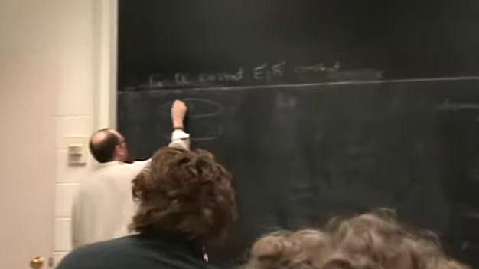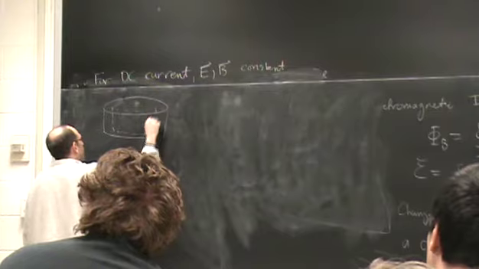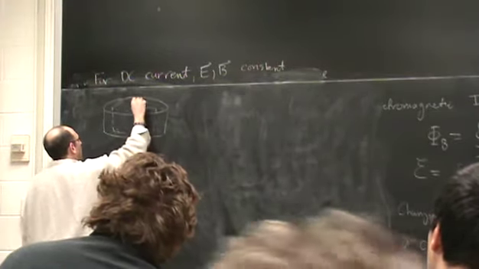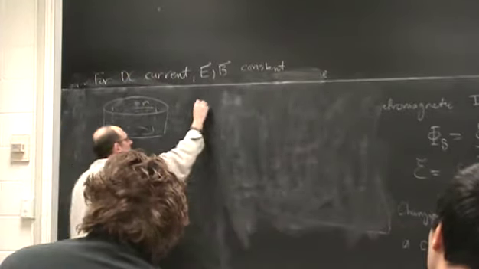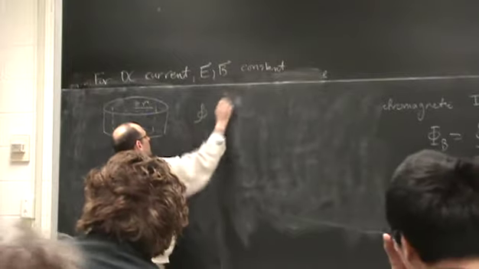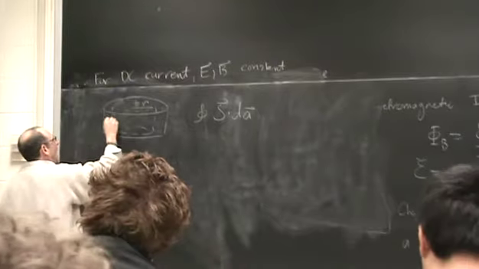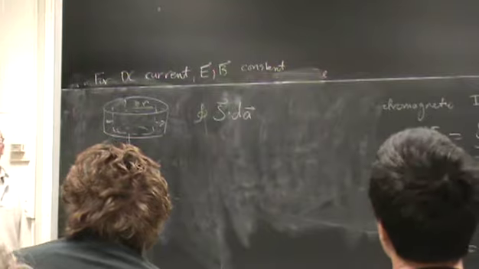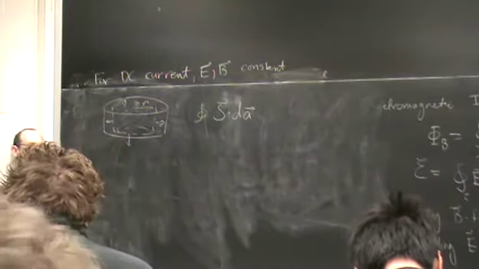So here we are, here's the resistor. Here's the particular radius we're drawing. This is my imagined volume, which has radius r. And I want to know what is the flux of S dot dA out of this volume. Okay? So you see that volume is just a little cylinder inscribed in the big cylinder.